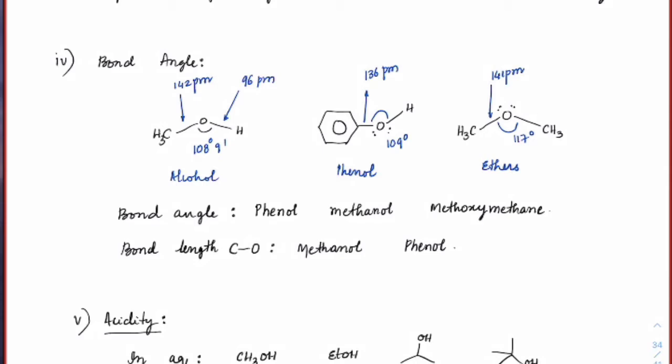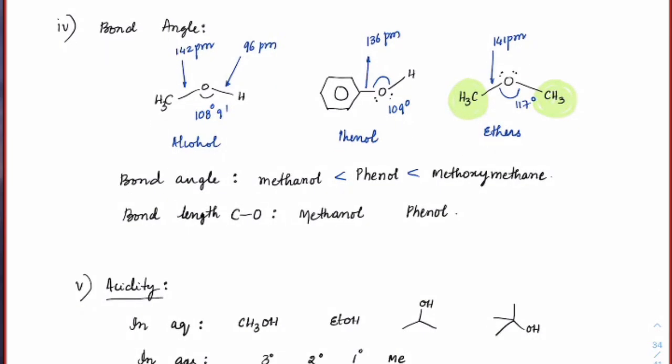So what we are observing here is that the bond angle of methoxyethane is more compared to that of phenols and alcohols. The reason is the bulkiness of these groups. It has two bulky groups here, because of which the bond angle increases.